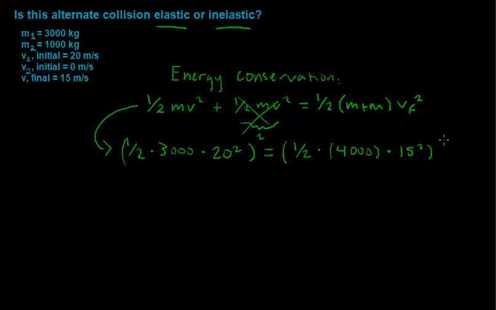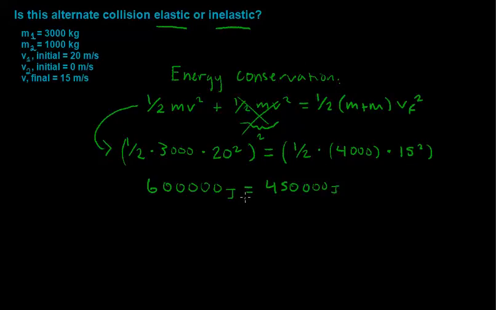So we just have to calculate these two numbers here and see if they equal each other or not. And we get that 600,000 joules is going to equal, and then we calculate all of this out, and we get 450,000 joules.